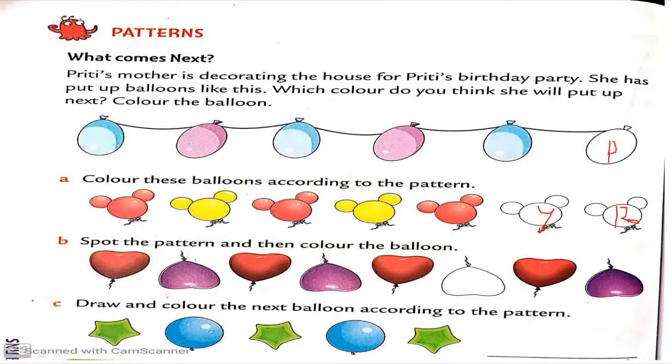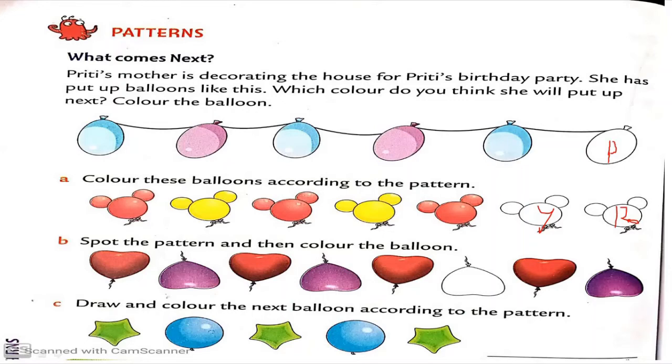Okay. Now spot the pattern and then color the balloon. Look, this is upside balloon, downside, up, down, up and downside. What is the color of the downside balloon? Maroon color. Okay. So we have to color it with maroon. Now draw and color the next balloon according to the pattern.